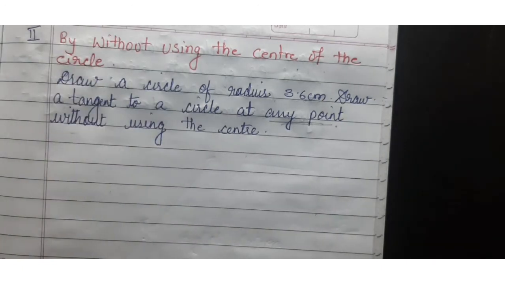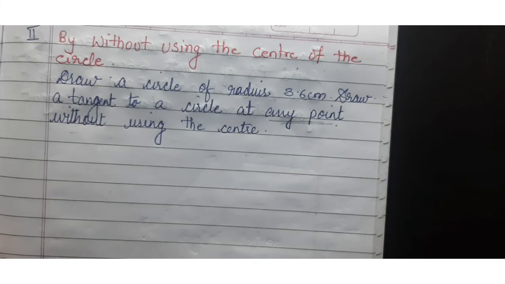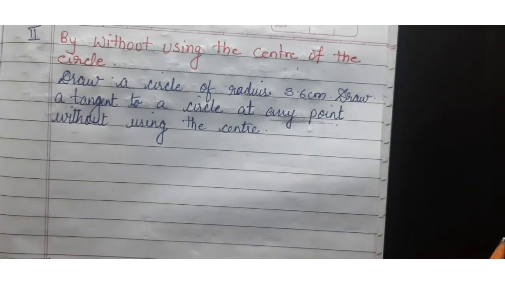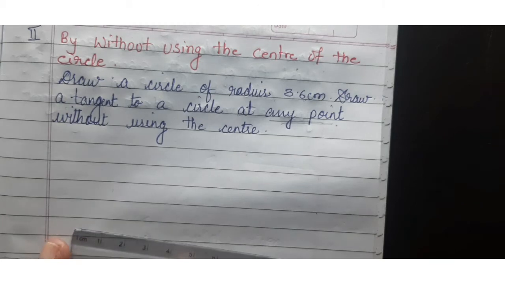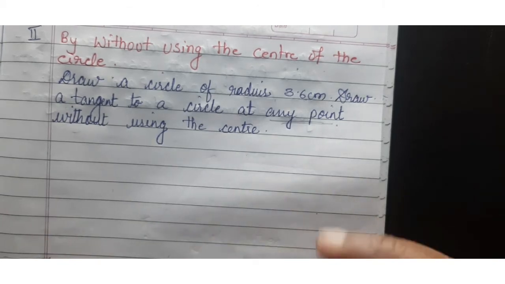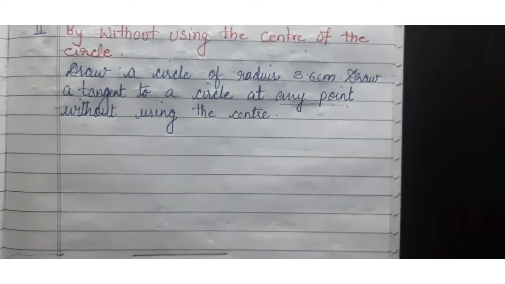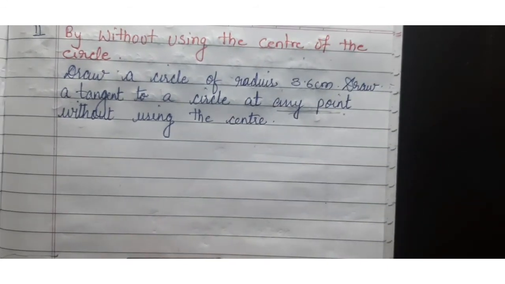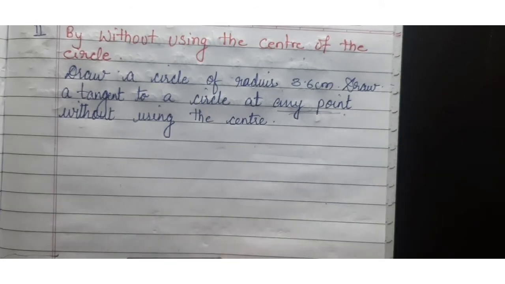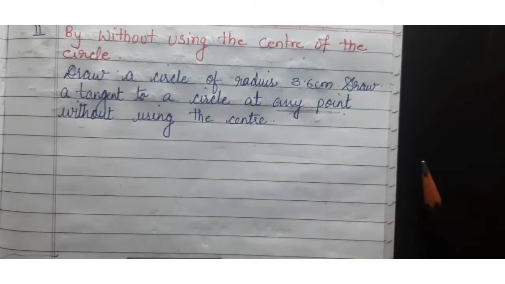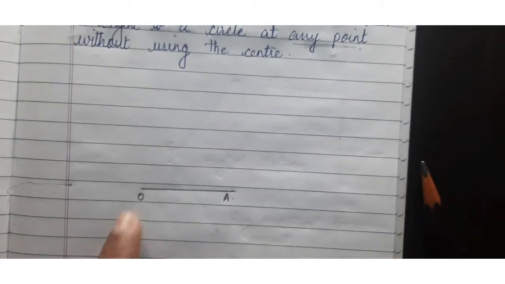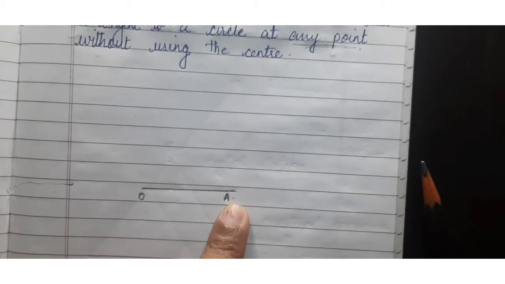so we will be drawing the circle first. So the second way of drawing the circle, 3.6 I'll be drawing the segment. So 3 and after that 6 lines. Okay, so this is my radius to the circle. I'll name it as O and this as A. Now this measure I have taken 3.6 as the radius.